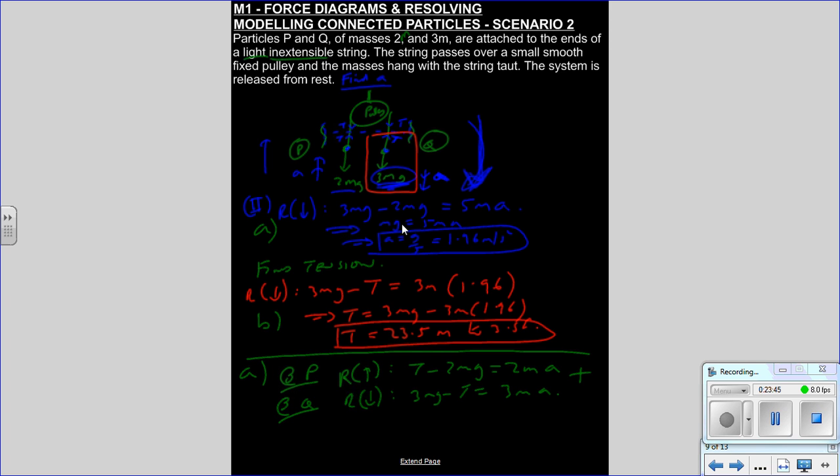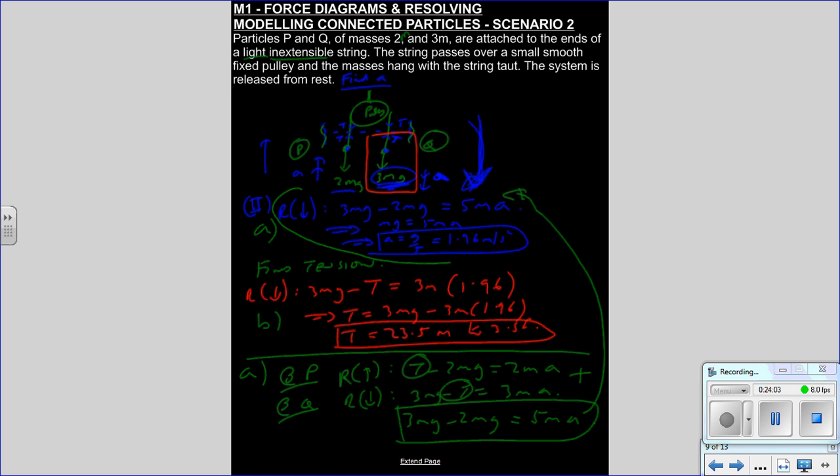If we add these together, T minus T disappears, we get 3mg take 2mg equals 5ma. So that's where that logic up here came from, in case you're wondering, but it's absolutely fine to just skip to this logic here if you understand that. Okay.